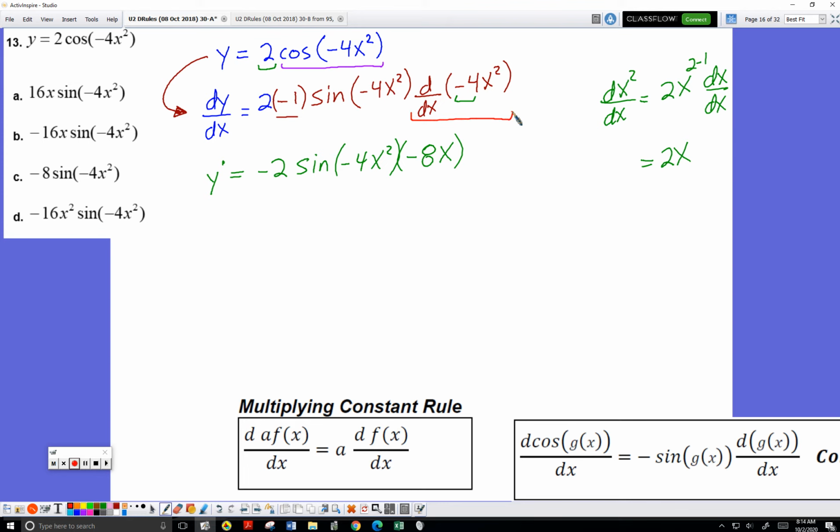That's just being multiplied. Perfect. So that doesn't change. So in the next line, it's sine of this multiplied by this. That makes sense? Yeah. So really what I'm going to do here is reorder the factors. With 3 factors, I get to choose the order of multiplication. So negative 2 times negative 8 is actually positive 16.